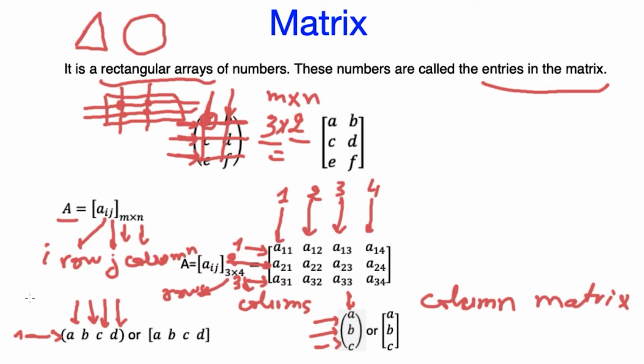So this one here is a row matrix because it has just 1 row, and it can have many columns. And this one is a column matrix which has just 1 column, but it can have many rows.